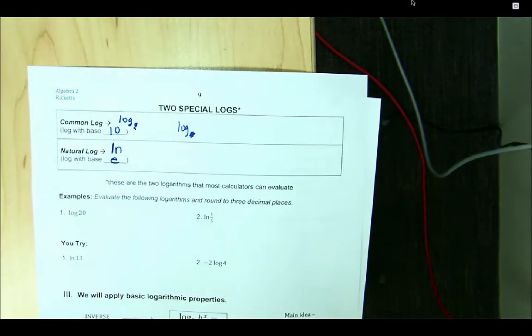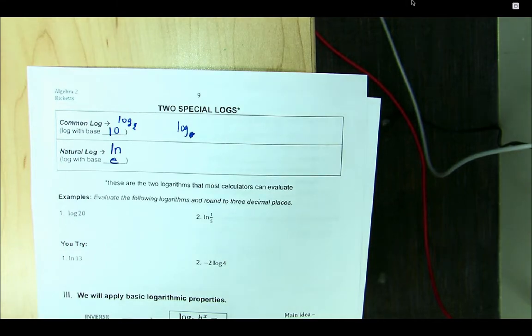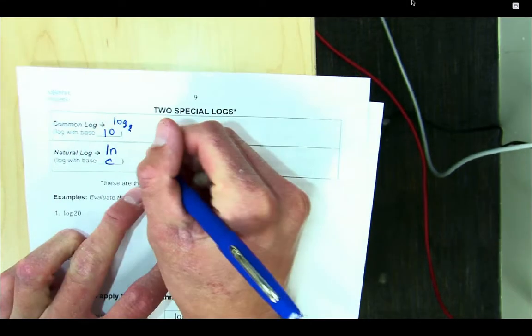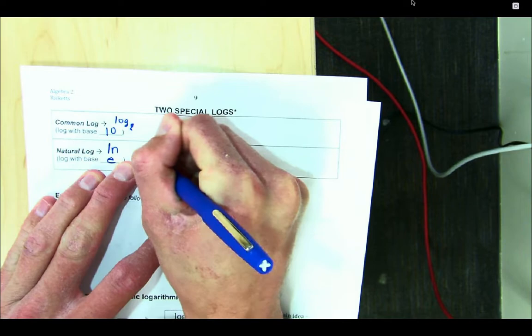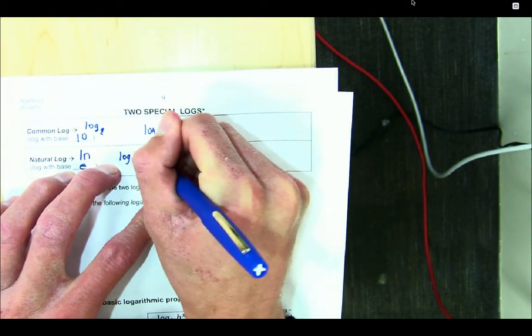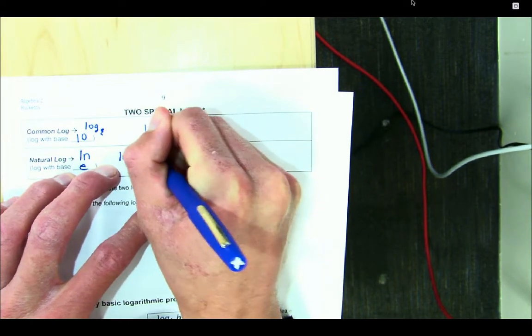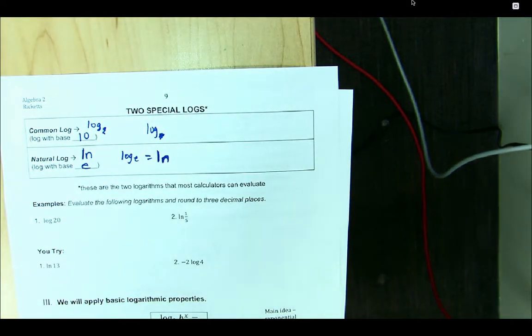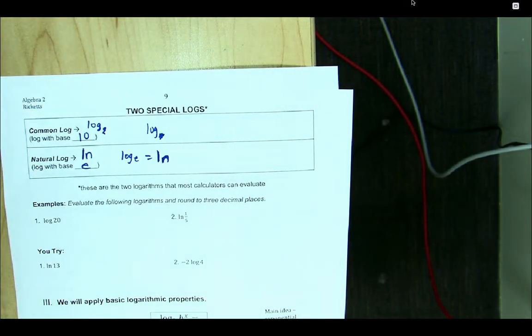But what we need to realize is that the natural log is a log with base e. So you will not see log base e. You will see ln. Okay, these are interchangeable. Log base e and ln, those are interchangeable.